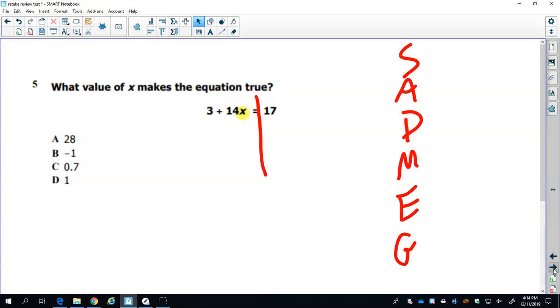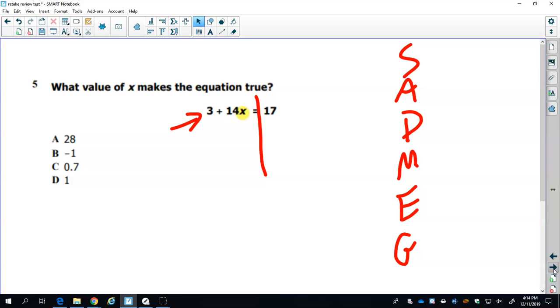So we're undoing, we have a positive 3 that we're trying to get rid of right here. And then we also have 14x. So we're adding 3, but it's a positive 3. That's what's important. If it's a positive 3, you're going to get rid of it by subtracting. If it's a negative 3, you're going to get rid of it by adding, just like when we used our zero pairs before.